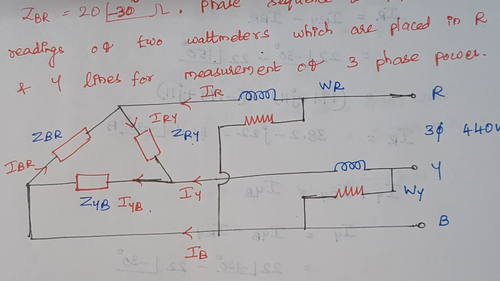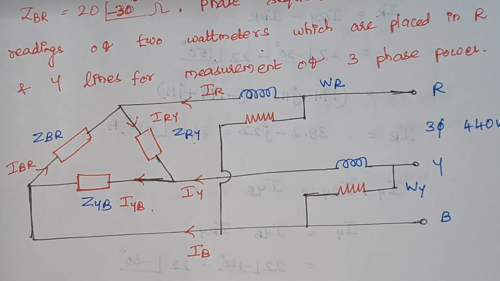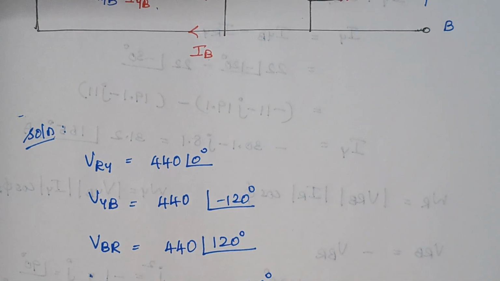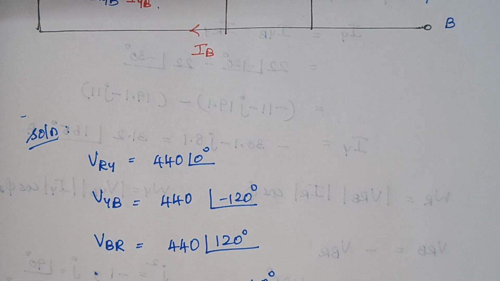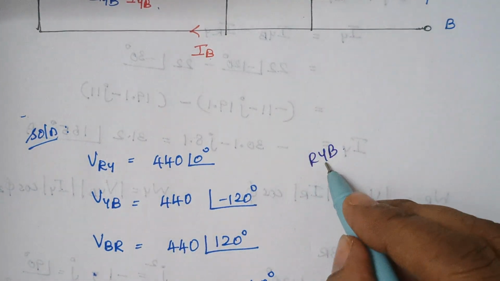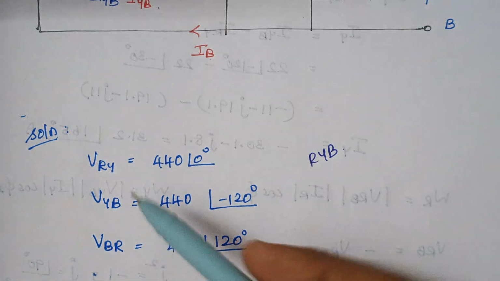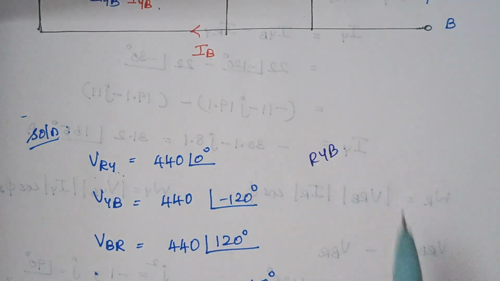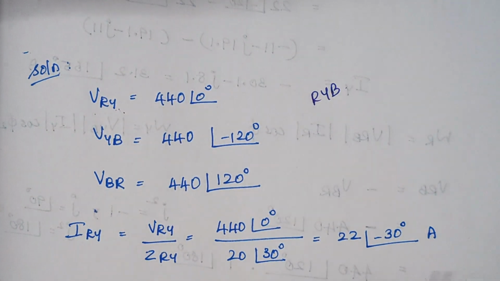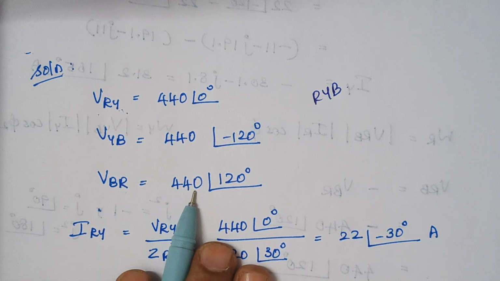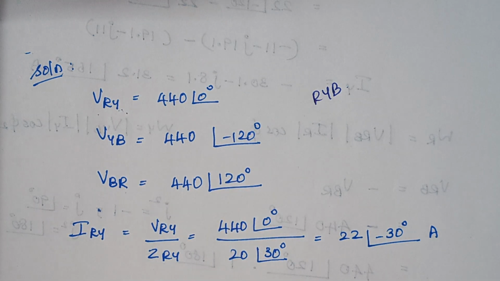First, we take V_RY as the reference. The phase sequence is given as RYB, so RY, YB and BR. V_RY is 440 at an angle of 0 degrees, V_YB is 440 at −120, and V_BR is 440 at +120.